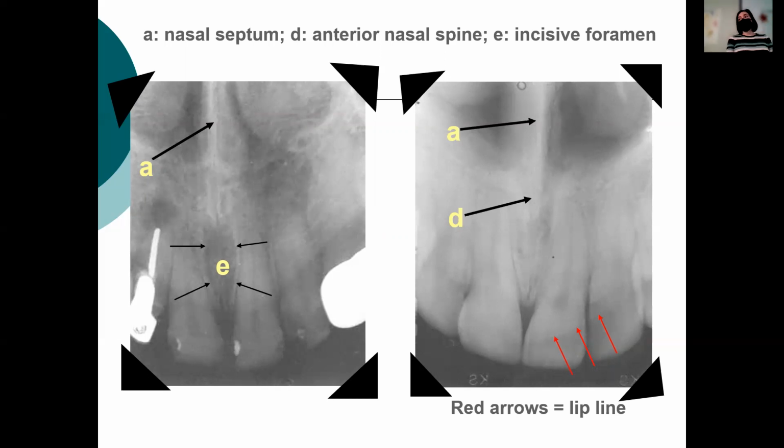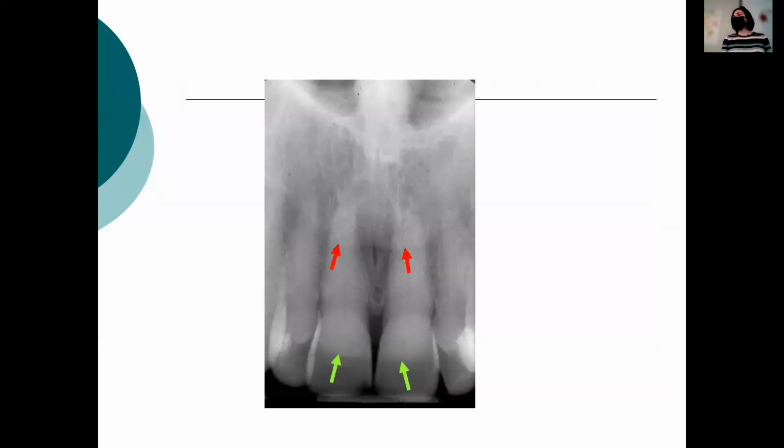But this one is the lip because it's so far down. Typically you'll see a nose somewhere in this region, and if it's way lower on the crowns, it's more typically the lip. Here's an example of a nose and then a lip.